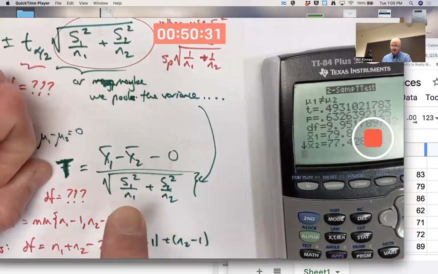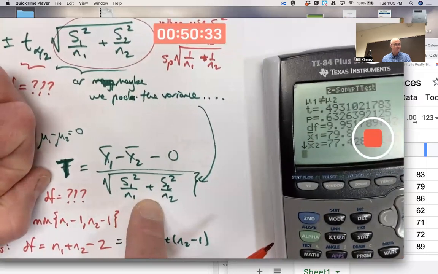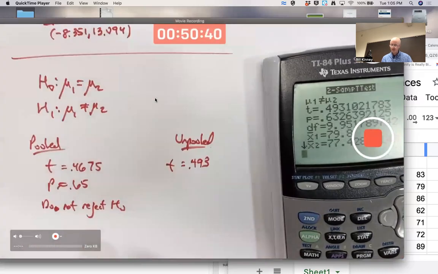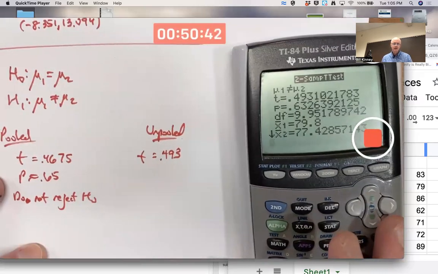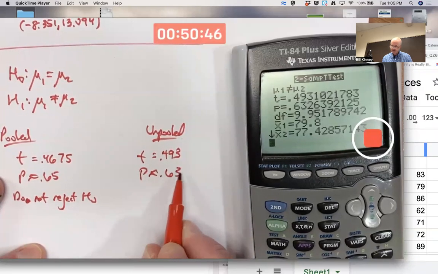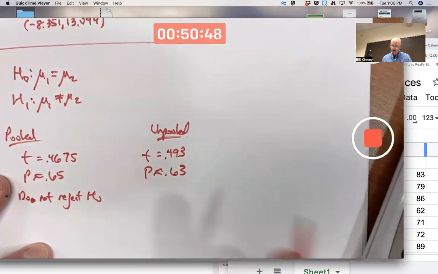When we don't pool, it is, like you see it there. It's not surprising then that you get something slightly different. P-value is approximately 0.63. Slightly smaller, but still pretty big. Do not reject the null.